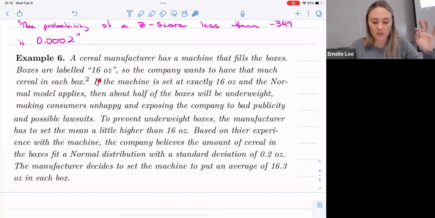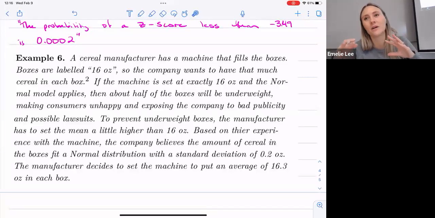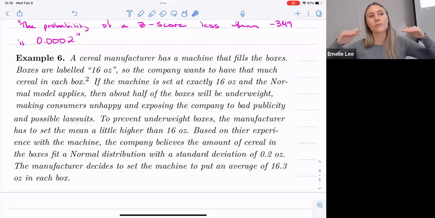Okay, so a cereal manufacturer has a machine that fills the boxes. Boxes are labeled 16 ounces. Now, when you go to the store and buy a box of cereal that says 16 ounces, we all understand that it should be around 16 ounces, might be a little bit less, might be a little bit more. But if it's significantly less or significantly more, those happen infrequently, but they do happen, and they would make up the smaller areas on our normal distribution.